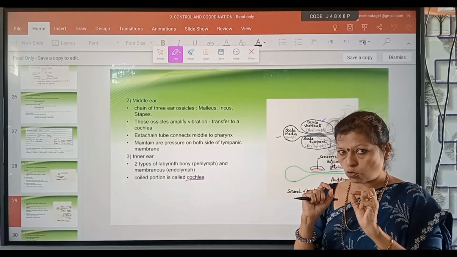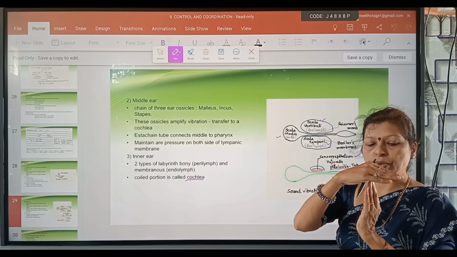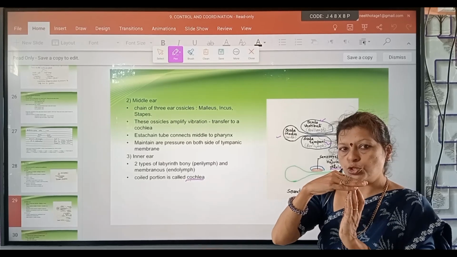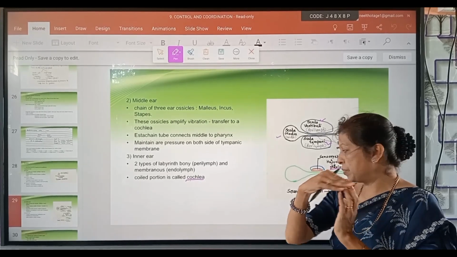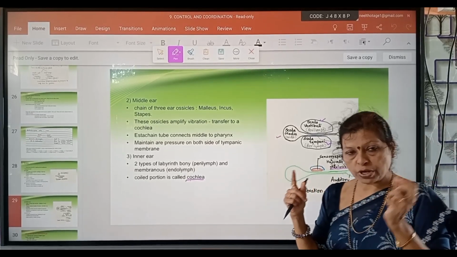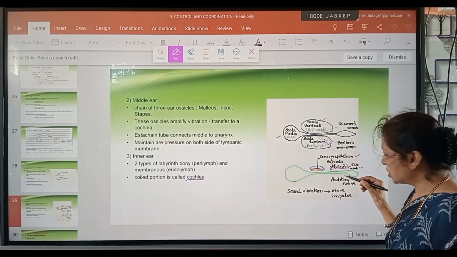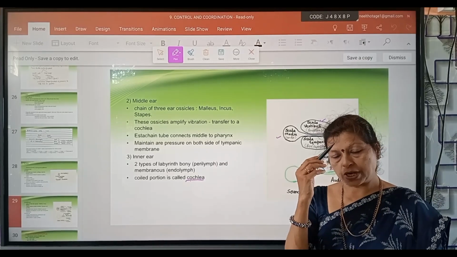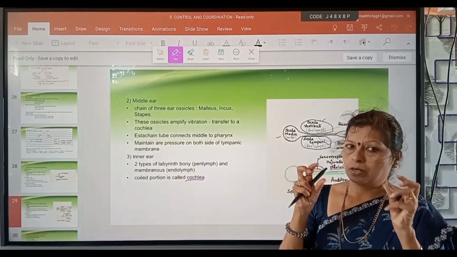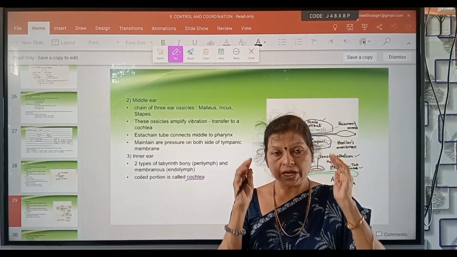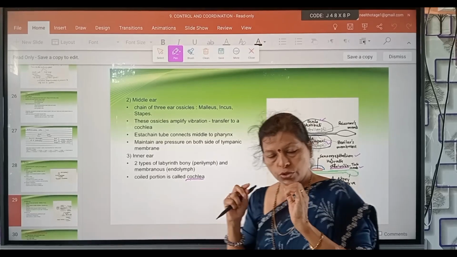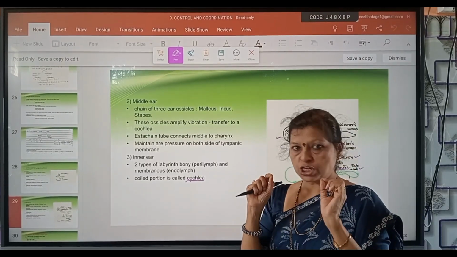Whenever there are sound vibrations, the tectorial membrane presses on the stereocilia, which brings about a vibration, and then those vibrations of sound impulse are carried to the auditory nerve, which takes them to the brain. Then the auditory area of the brain analyzes the sound and conveys to you what kind of sound it is.